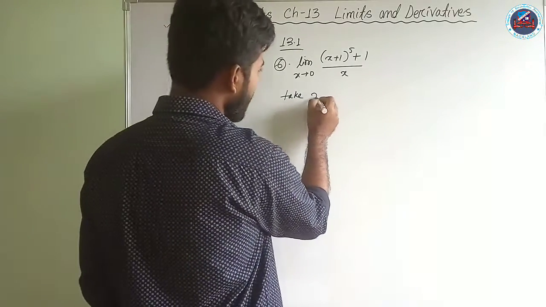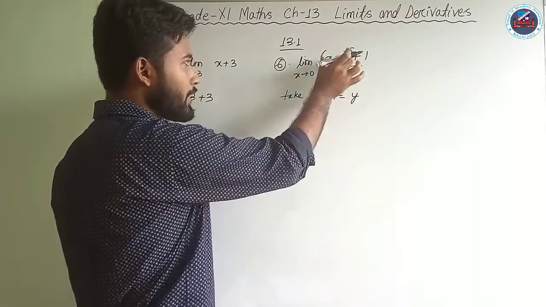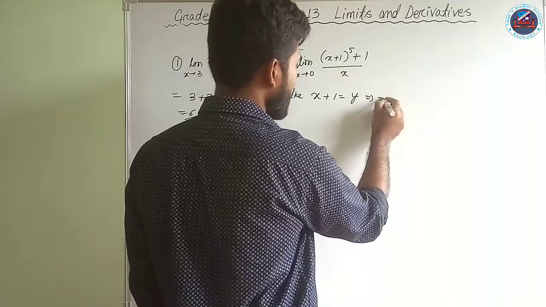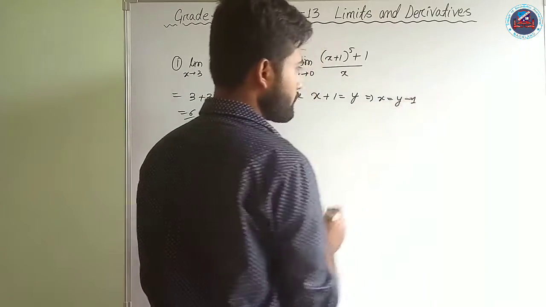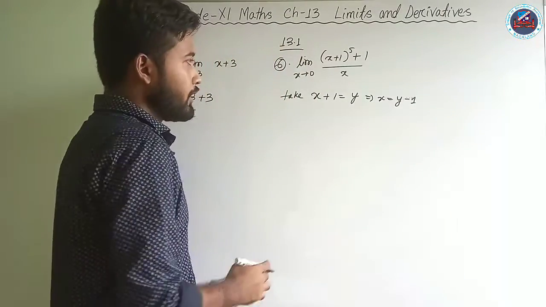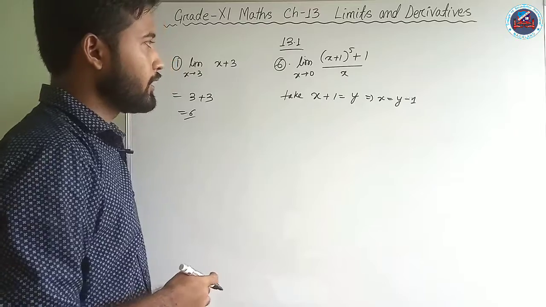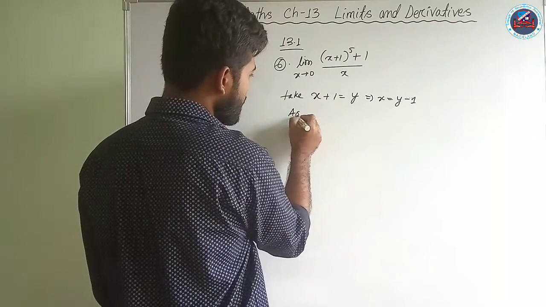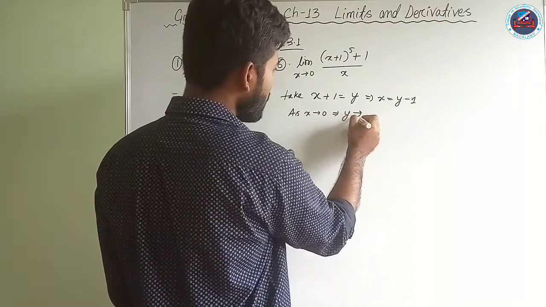So take x plus 1 equal to y, say. Now if x plus 1 is equal to y, this will imply what? x is equal to y minus 1, isn't it? Now since we have changed x plus 1 to y, what about the limit? This will also change. Earlier, as x tends to 0, y will tend to what?